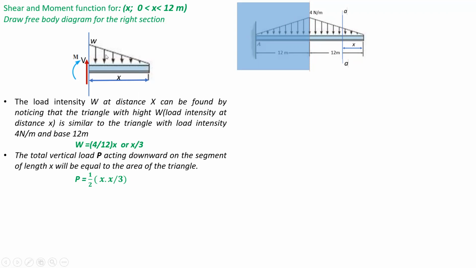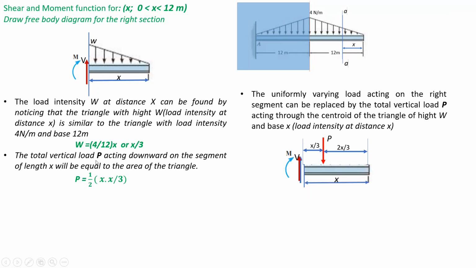The total vertical load acting downward will be equal to the area of this triangle, and that has been calculated here, applying the formula for area of triangle. Now this total load P will act through the centroid of the triangle, or we can say that this uniformly varying load can be replaced by a concentrated load P that is equal to the area of this triangle and acting through the centroid of this triangle.